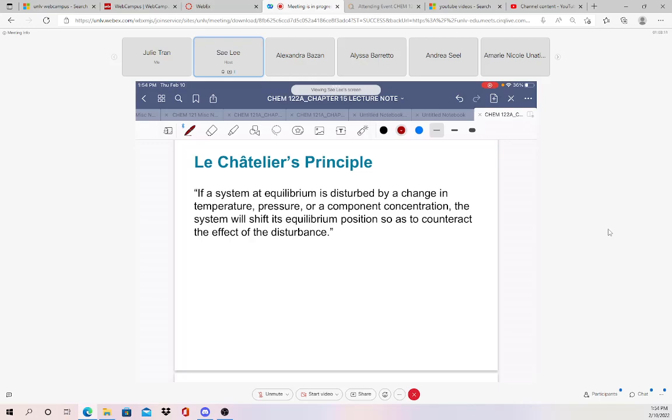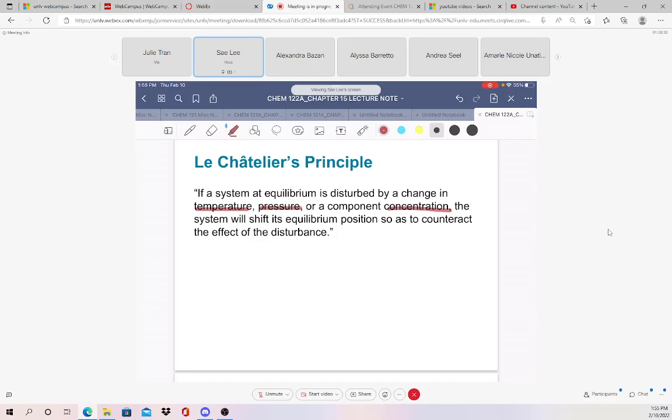According to Le Chatelier, he stated that if a system at equilibrium is disturbed by a change in temperature, pressure, or concentration, the system will shift its equilibrium position to counteract the effect of the disturbance.